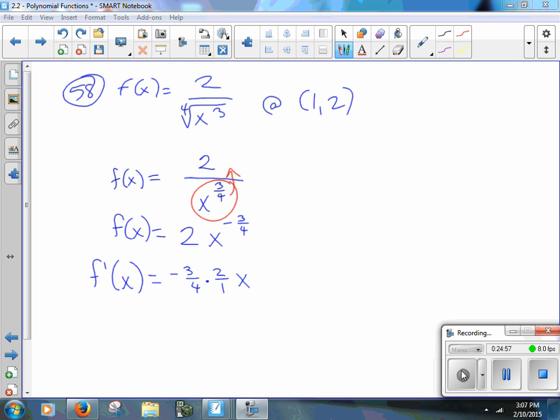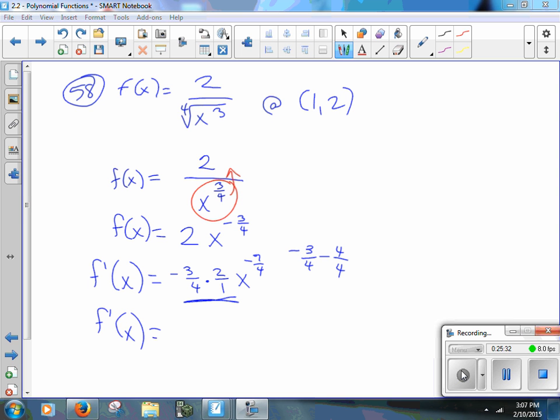So then x, how do I lower negative 3/4 by 1? What do I subtract from it? 4/4, because they have to have like denominators. So what's that exponent going to be? Negative 7/4. Now we've got to clean this up.